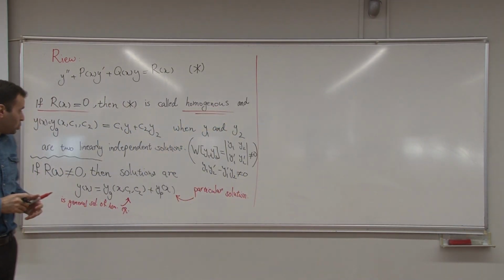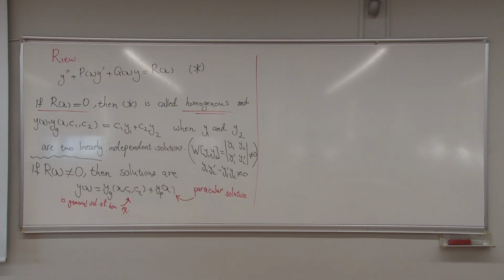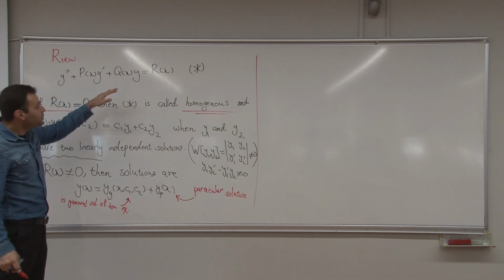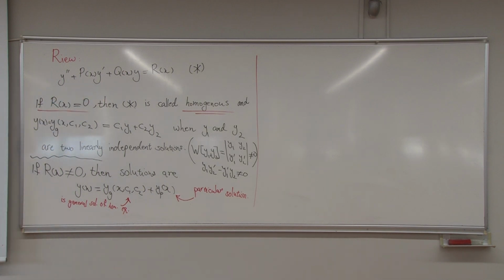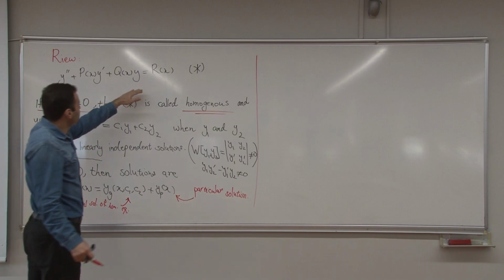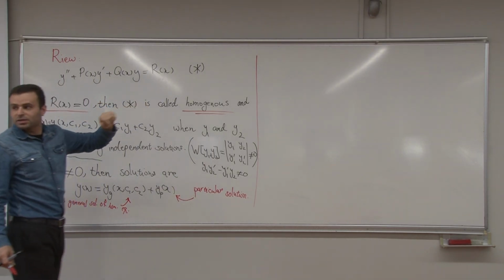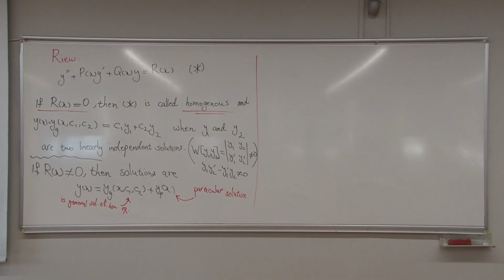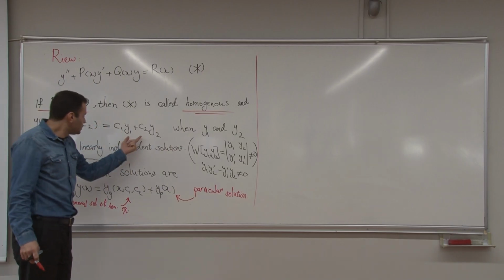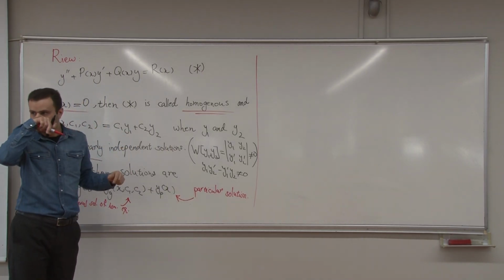Our first approach in solving second order differential equations is that, first of all, we need to identify the type of equation that we are dealing with. And the first question here that is going to be important for us is whether this equation is homogeneous or not homogeneous. Okay? If it is homogeneous, we find two independent solutions, we write their linear combination, and then we are done.